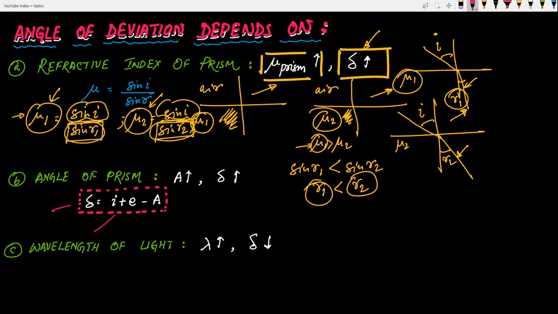Now why? Because you're missing out something when you're looking into this formula. Actually, when you are increasing A or decreasing A, that is basically varying A, then E also changes, because we know that A is dependent on R1 plus R2, isn't it?